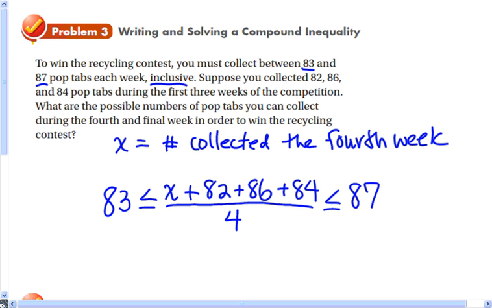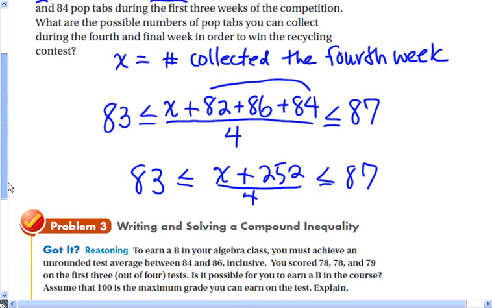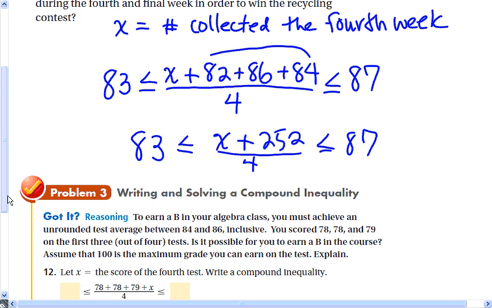So we can solve this. Let's simplify this as much as we can. So 83 is less than or equal to x plus, and we can combine these three numbers, and that's 252, divided by 4, is less than or equal to 87. Solve that. I'm going to multiply everything by 4.